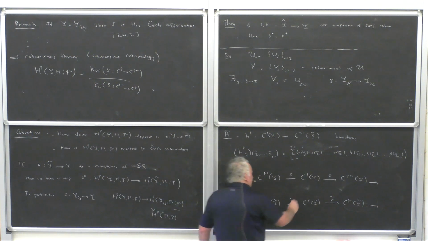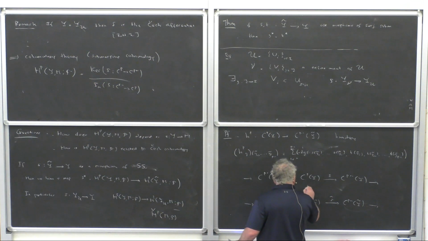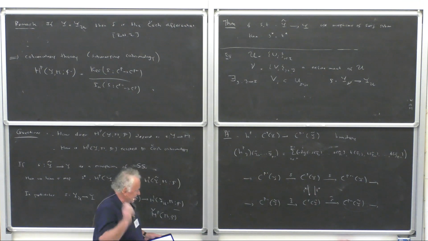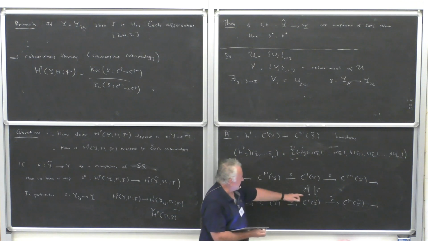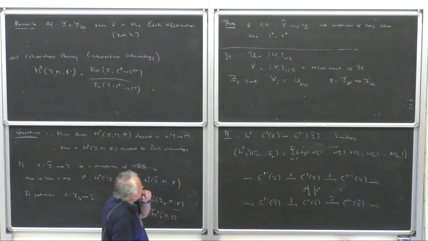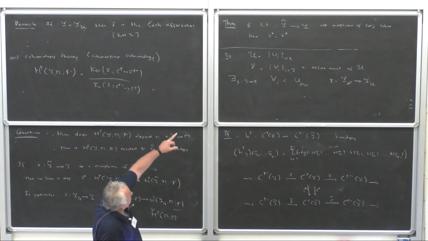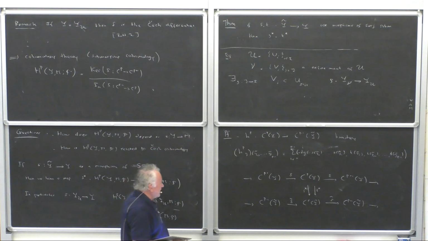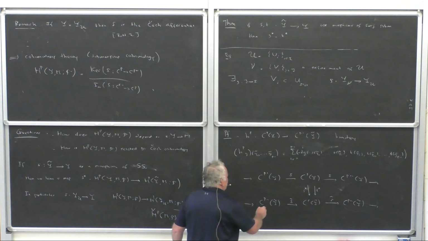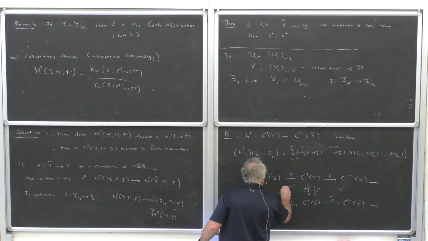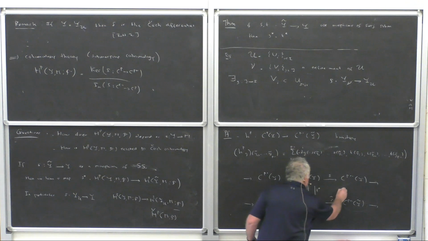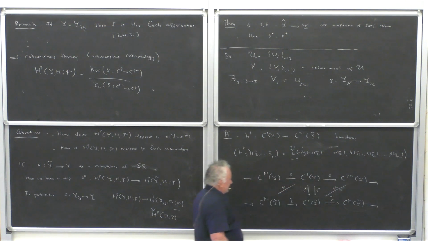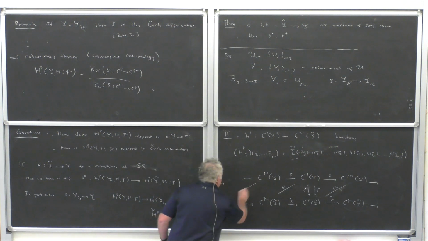So I have my S star and my T star. They're both acting between the cochains by pullback. S and T were both morphisms between y tilde and y. And then here's my H^p, sorry, here's my H^{p+1}. So they act by lowering the degree.